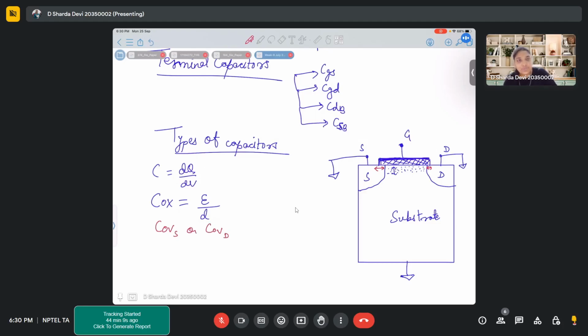This is again due to the oxide that is present, but it is overlapped over your source and drain. We also name it as epsilon by D. It is a similar type of capacitance. This is one type of capacitor first, so it is gate capacitance. If I name it as A, B, these come under gate capacitance.